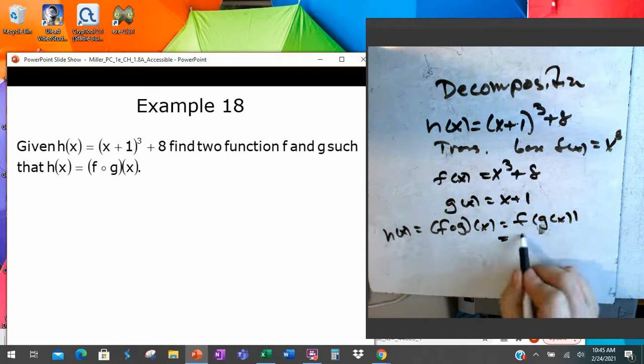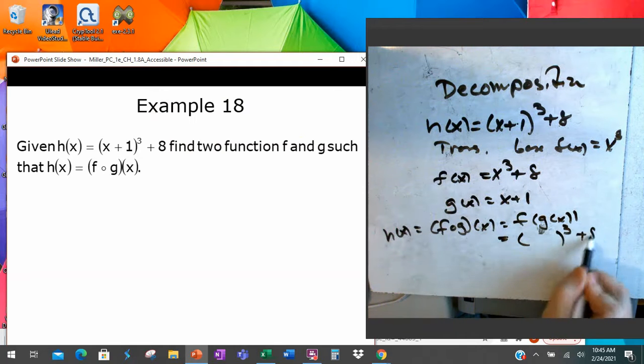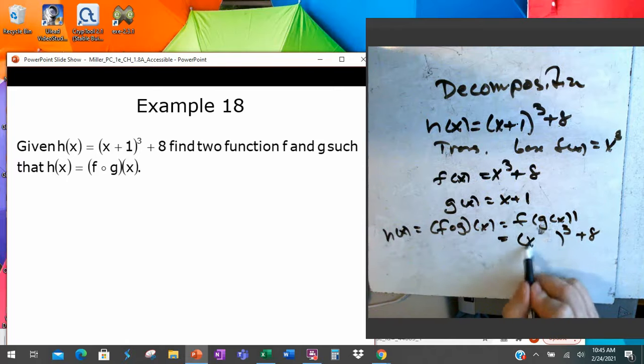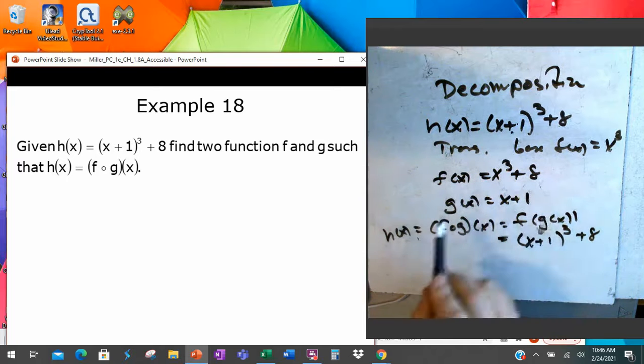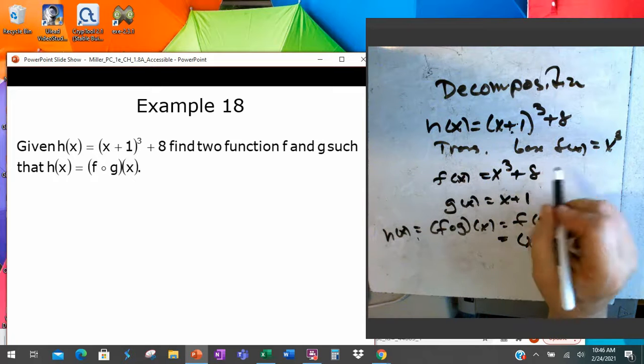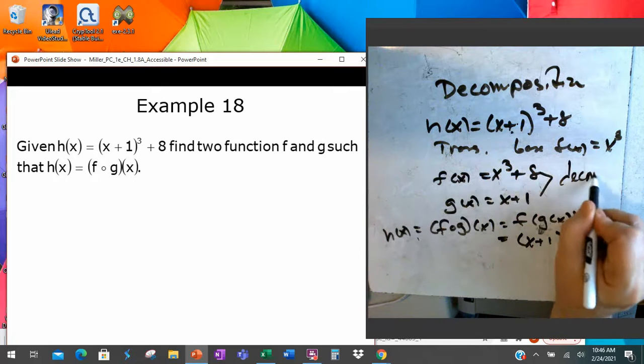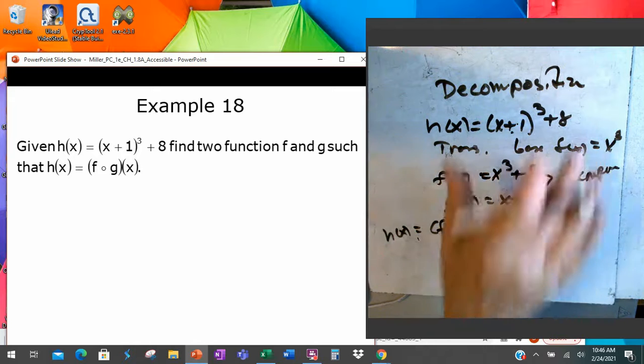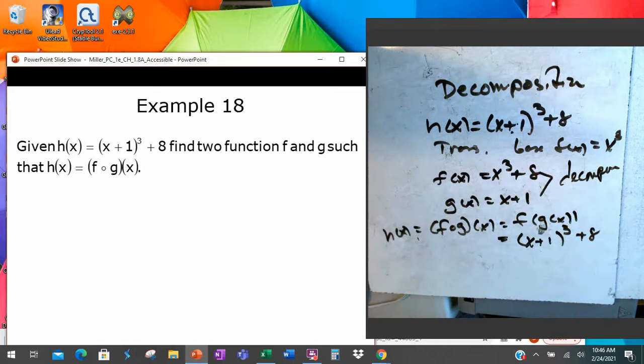My f is this, g is on the inside, and that's this thing. I've decomposed my h into these two things, and that's decomposition.